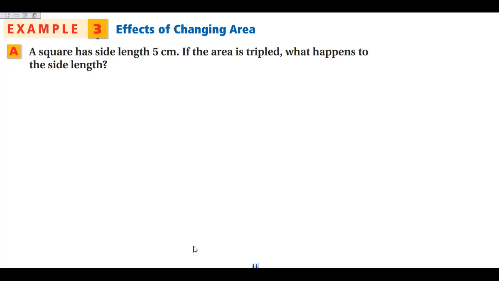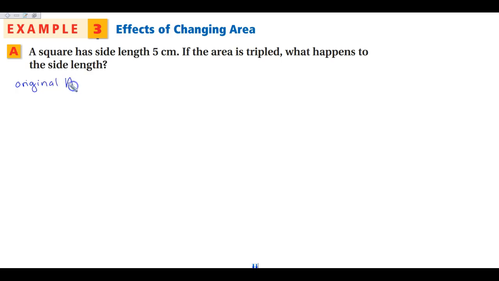I do want to show you a couple examples where we are plugging in actual numbers. So we're going to start off with a square and its side lengths are 5. So I'm going to find the original area.